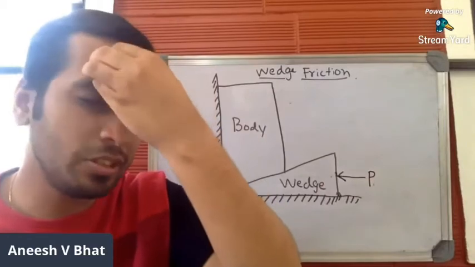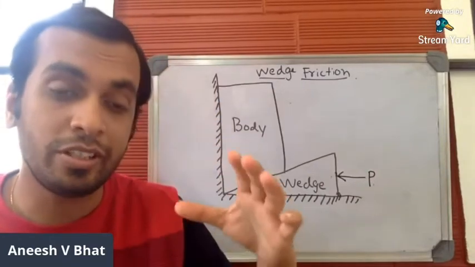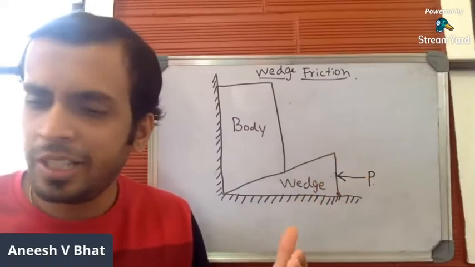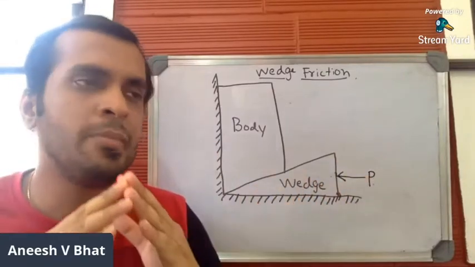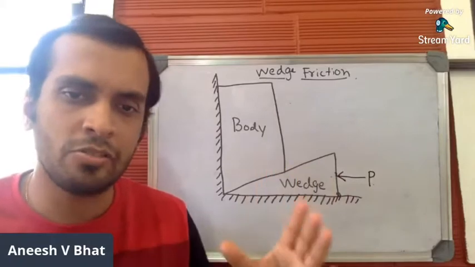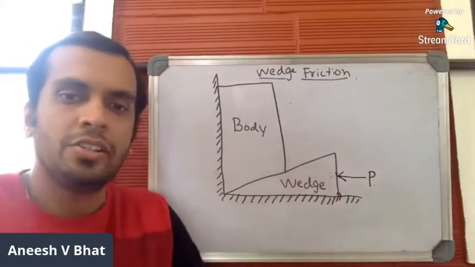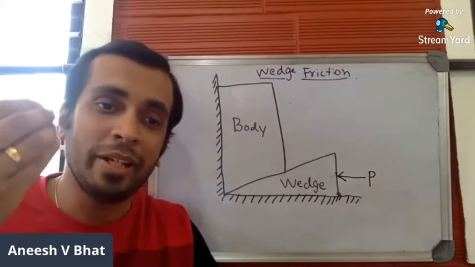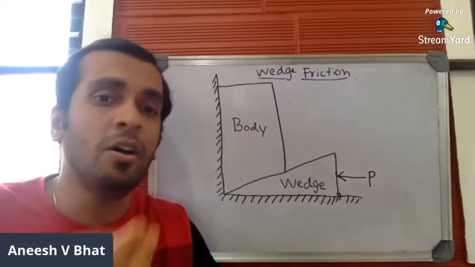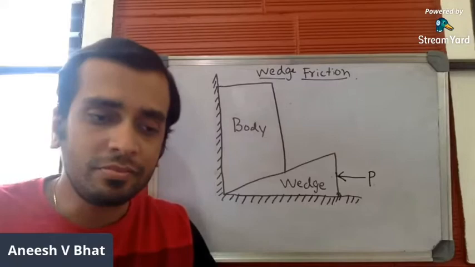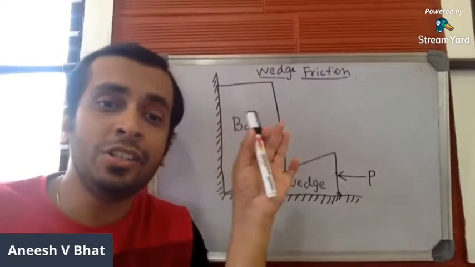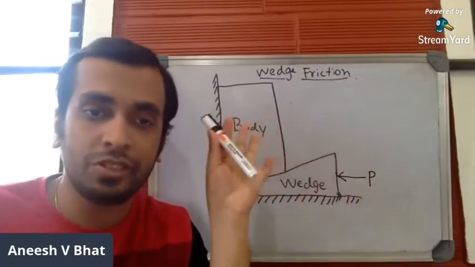Before we start the concept of wedge friction, let us try to understand the application or importance of a wedge. A wedge is a triangular or trapezoidal piece, which can be made of wood or metal, and it is used to lift heavy objects.